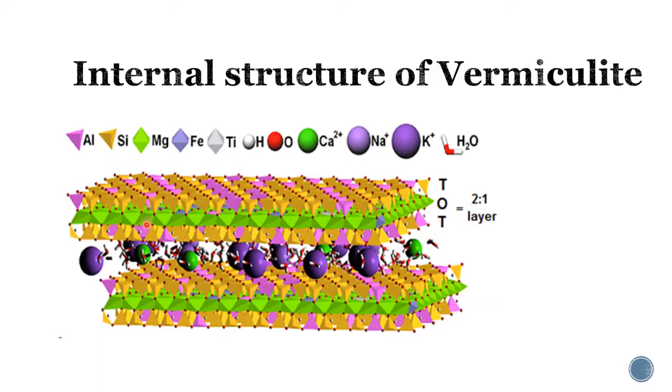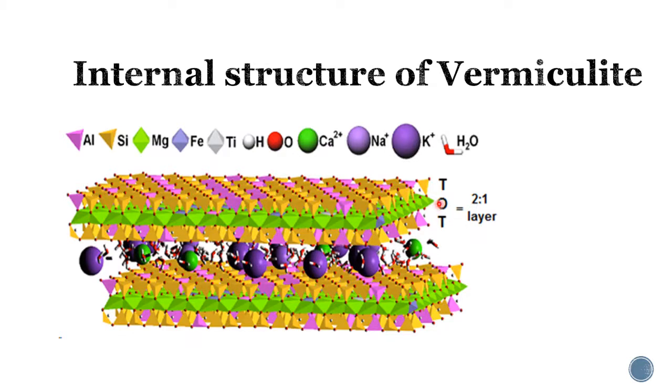The next layer is of magnesium tetrahedron or octahedral, whatever they may be. Then again the silicon tetrahedra are present in the next layer. In between these different types of layers, sandwiched are the potassium, sodium, and water molecules.